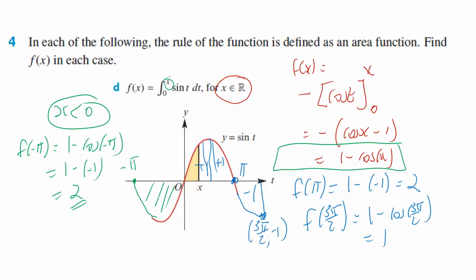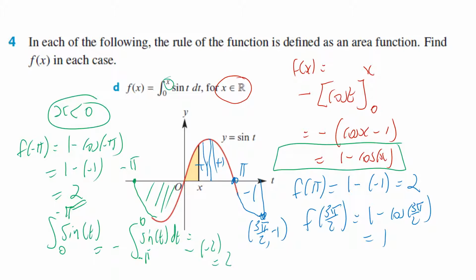So what we're doing is integrating from minus pi to 0 in this particular case, sine t, and getting the negative opposite of the integral from minus pi to 0 of sine t dt, which turns out to be negative of negative 2, which is positive 2. All right, so you get the idea, don't you? Okay, I think that's all good. All right, we'll leave it at that.